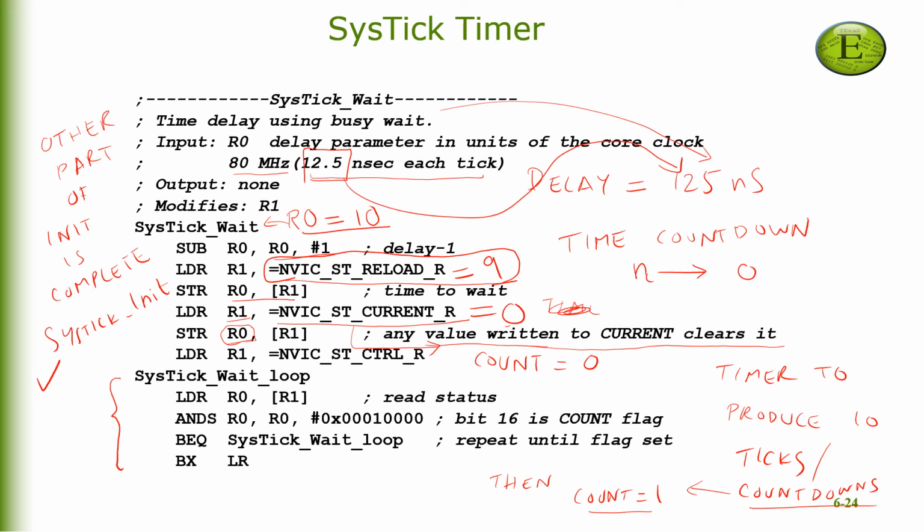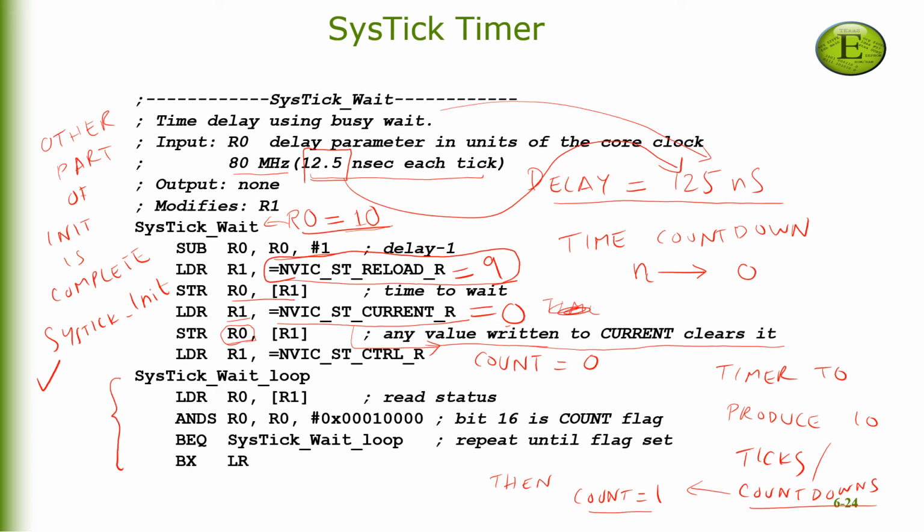And in case of introducing a 125 nanosecond delay, R0 contains the value 10. So these are the things that are assumed before we talk about executing the code described here on this slide.